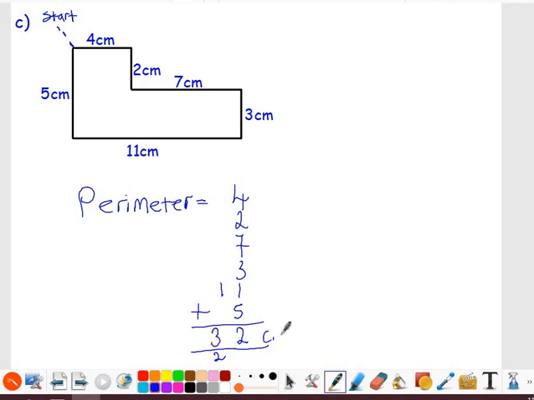So the perimeter of this shape is 32 centimetres. If you prefer to write it as a sum going along your page, 4 add 2 add 7 add 3 add 11 add 5, that is absolutely fine as well, as long as you show your workings to get your answer, and don't forget to put your units on the end.